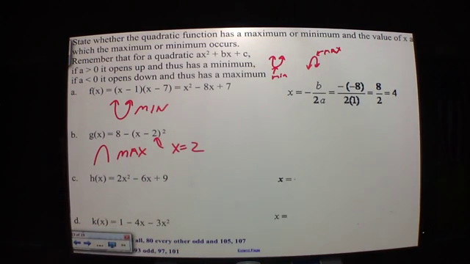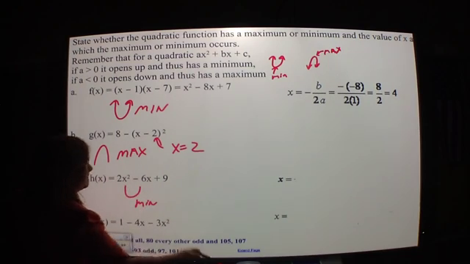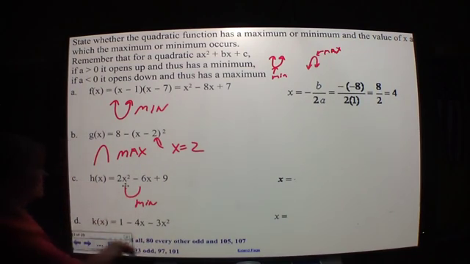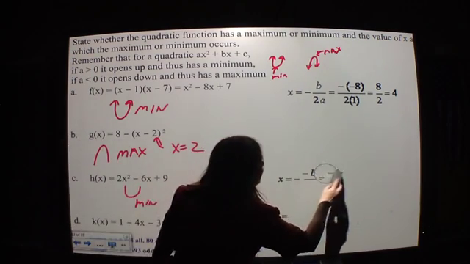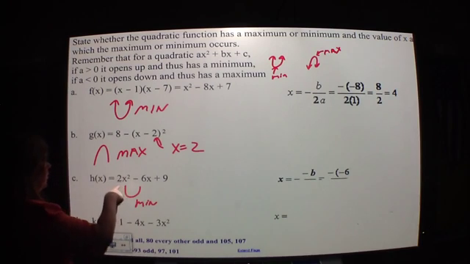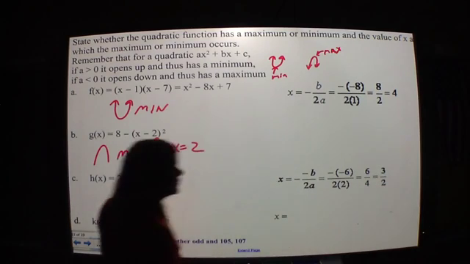C. It opens upward, so it has a minimum. Opposite of b, so 6 over 2a. 2 times 2 is 4. So 6/4, 3/2.